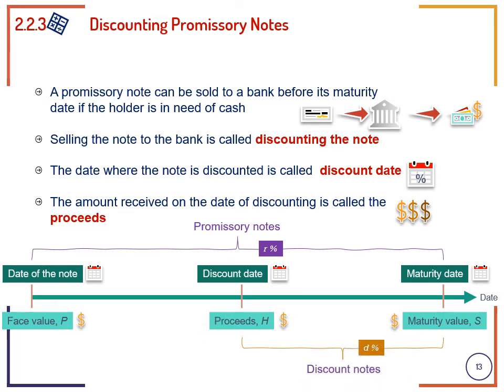In the discounted note, the bank discount is the interest that the bank deducts in advance, and the bank discount rate is the percent of interest. The amount that the borrower receives after the bank deducts its discount from the loan maturity value is the note proceeds.